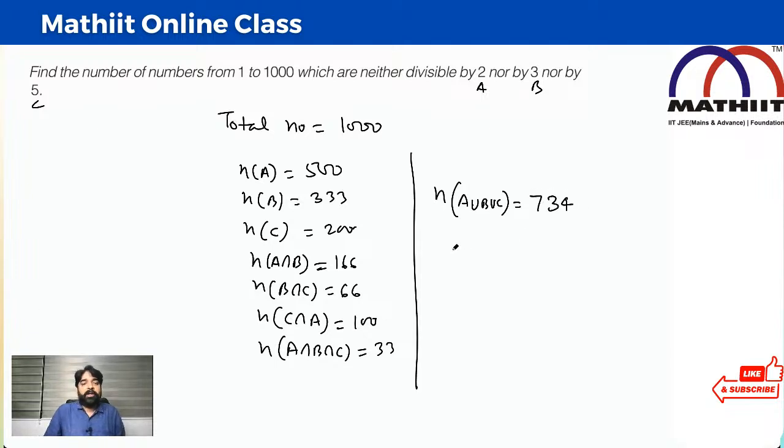734. So this many numbers are there which are satisfying any one of these conditions, or both conditions, or all three conditions. I don't want these numbers.